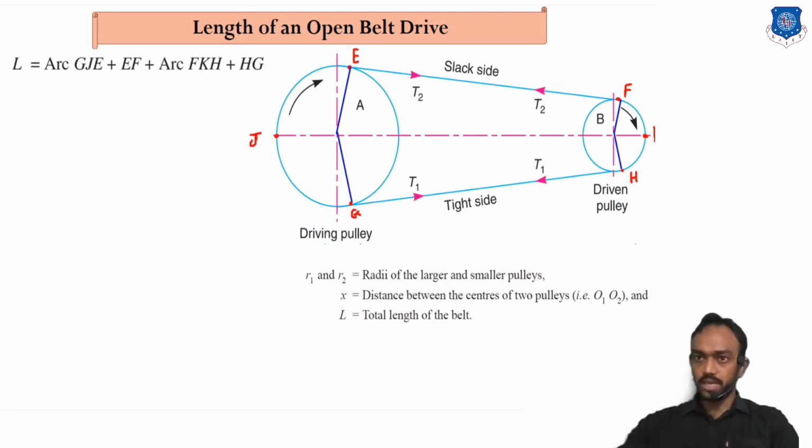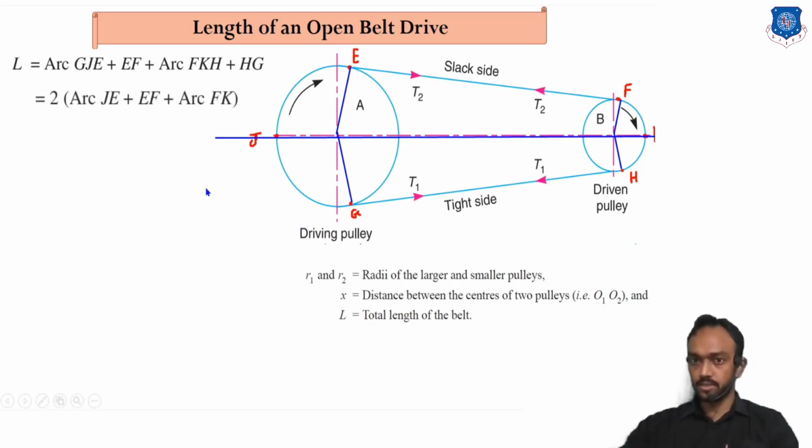But I can simply find this by dividing the total length in two. So I will find the arc JE first, then EF, and this half arc FK, and after multiplying by two I can find the whole length of the belt. This is a very simple method to find it.